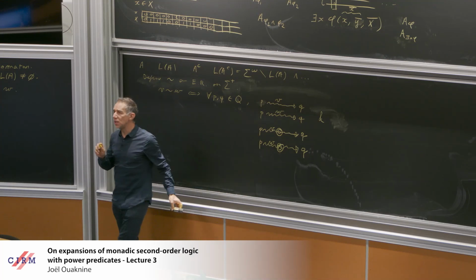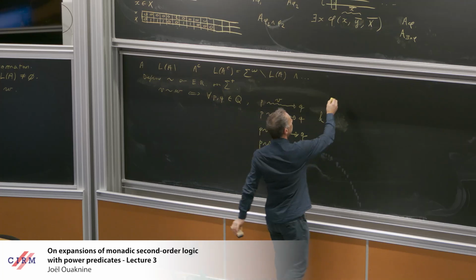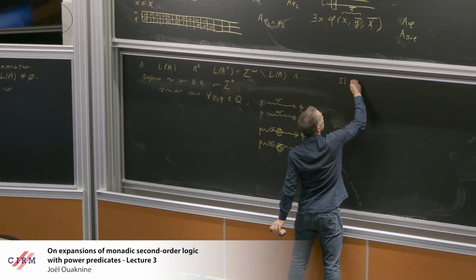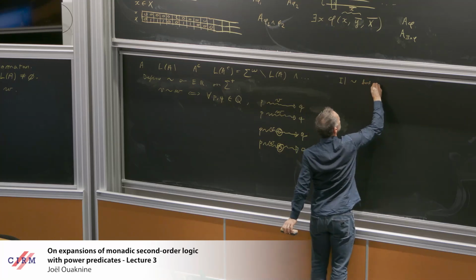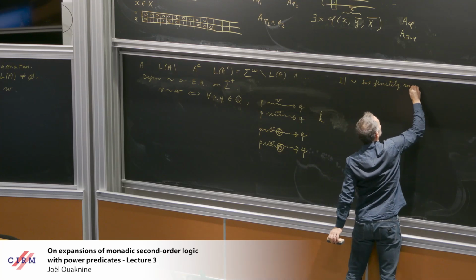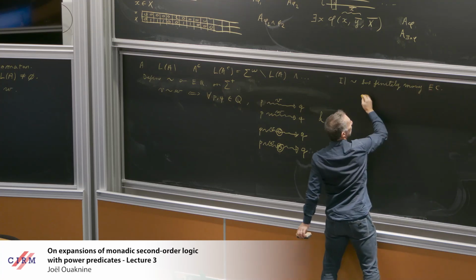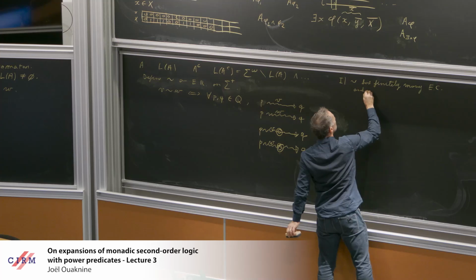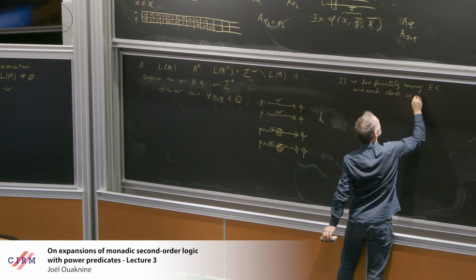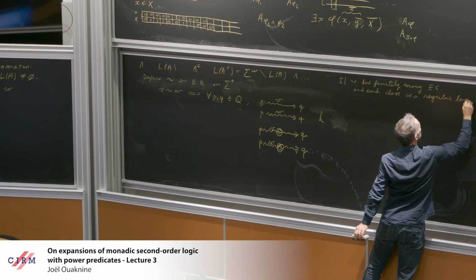Okay, so it's easily seen that this is an equivalence relation. And so the first claim is that tilde has finitely many equivalence classes, and each class is a regular language.